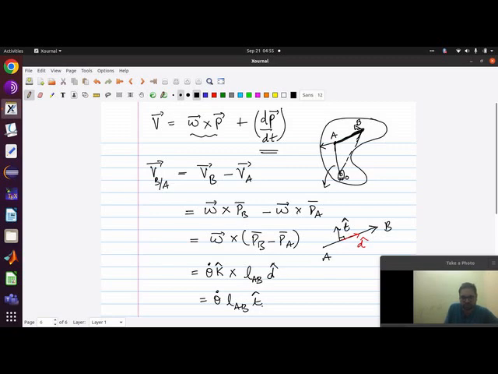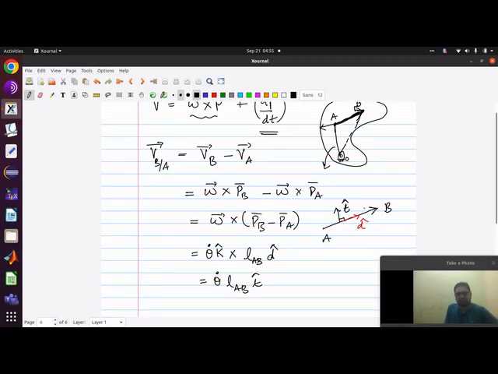So the relative velocity vector will be perpendicular to the line joining both the points. That's the whole point we're trying to make here. Relative velocity between 2 points in a body in pure rotation will be perpendicular to the line joining both the points. Okay.